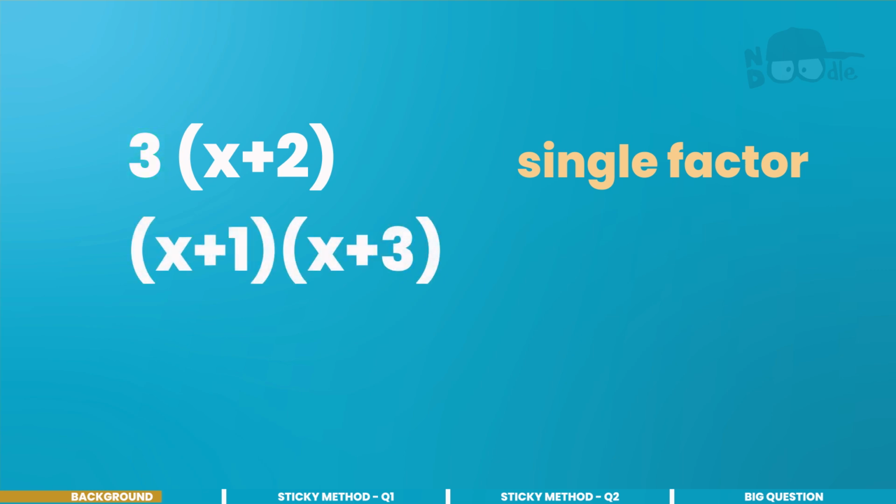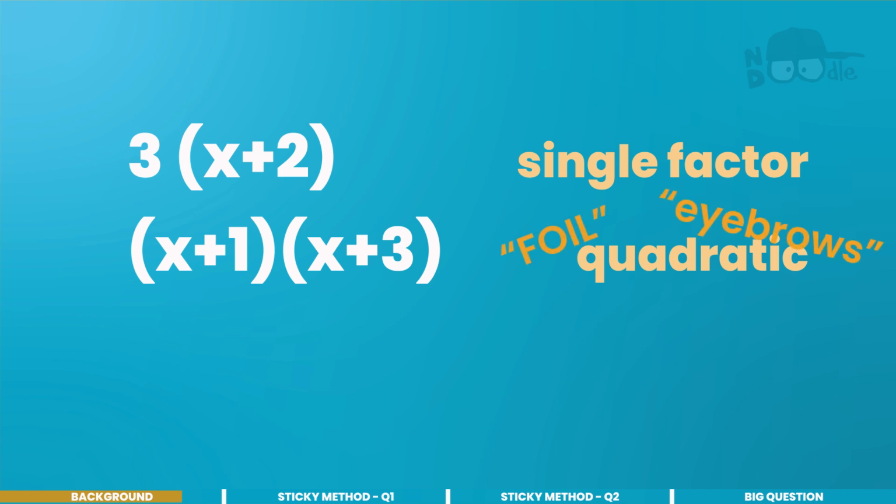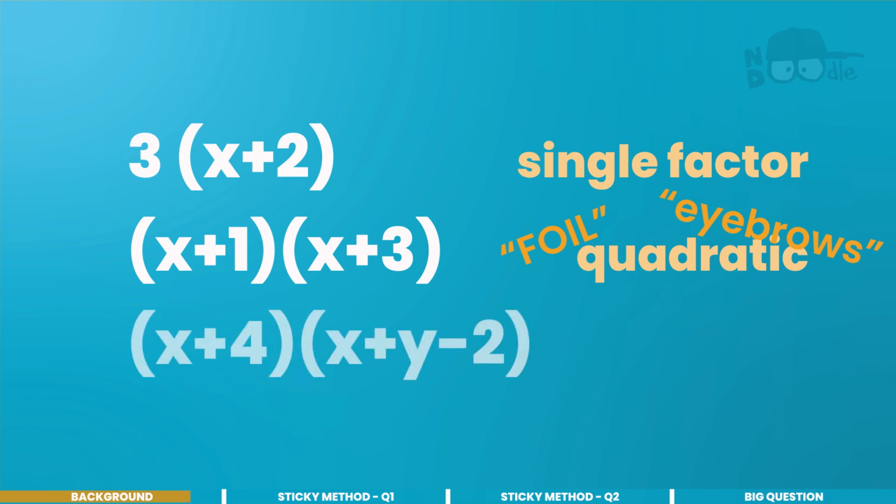This next type is very popular and might be called a quadratic question, because we are often left with a quadratic formula after expanding. For these question types, you might have heard of the FOIL method, or the eyebrows method, or some others. But then you'd need yet another method for brackets that have 3 or more items inside them, like this. Lots of methods to remember, lots of places where you can go wrong.